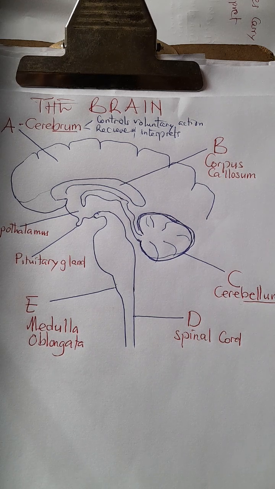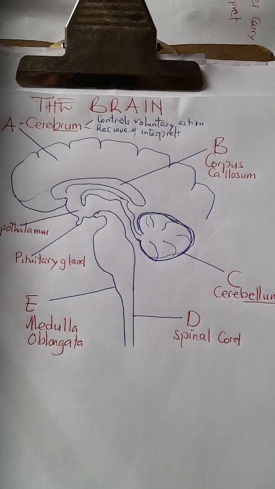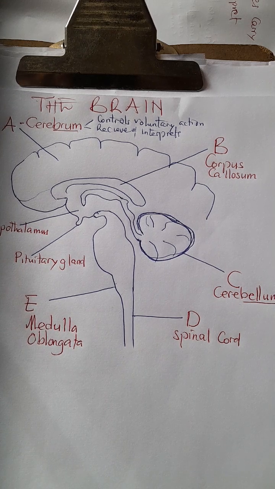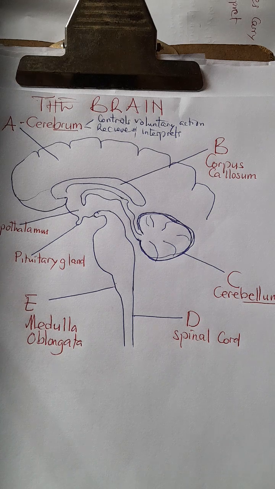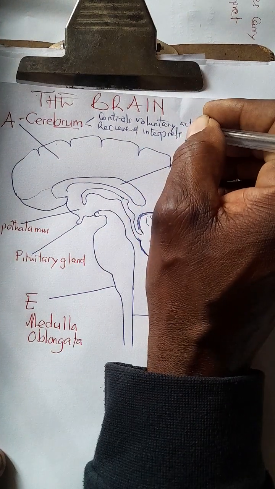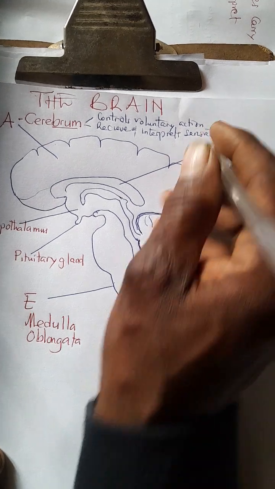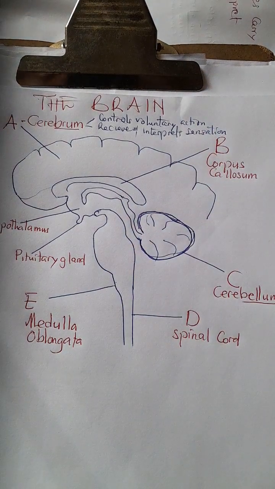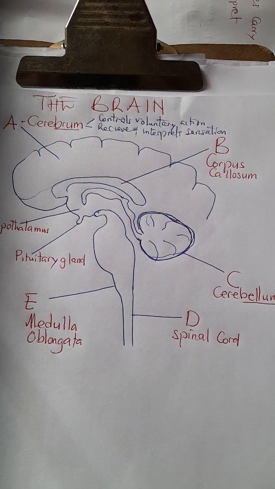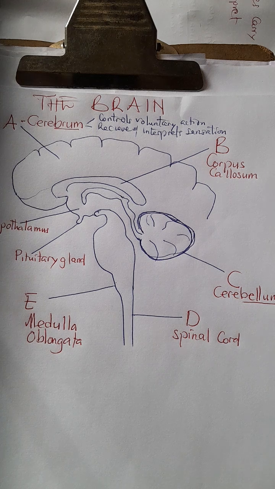Then it goes to your cerebrum. The pictures you see in this lesson go straight to the cerebrum. Then the cerebrum explains or interprets this: this is what it means. So it receives and interprets sensations. Very important. This cerebrum enables you to learn. We're able to learn because of the cerebrum.